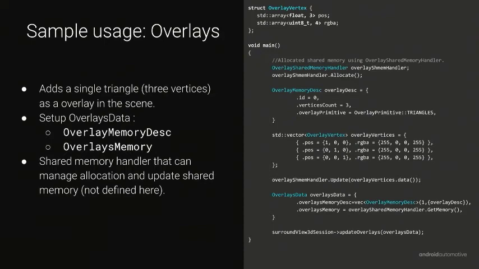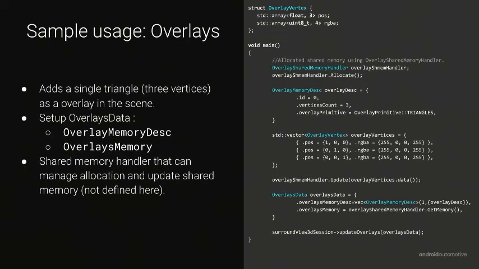So firstly, we allocate that shared memory. Next, the application defines an overlay memory descriptor. So here we have an ID set to 0, vertices count set to 3, and primitive set to triangles. So this application is going to set a single triangle as an overlay in that scene. Next, the overlay vertices is a list of the overlay vertex structure that the application has defined.